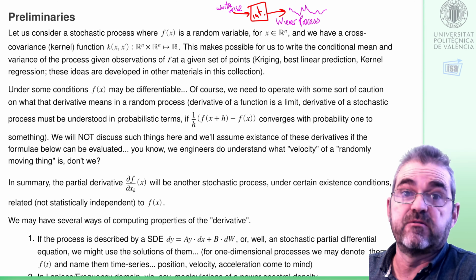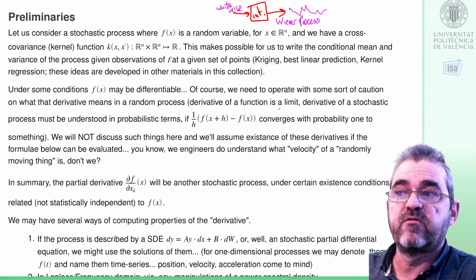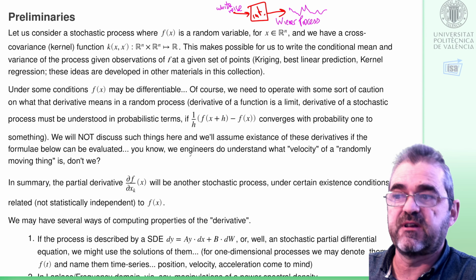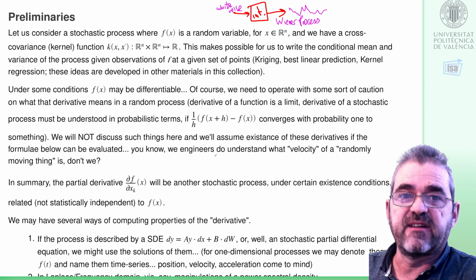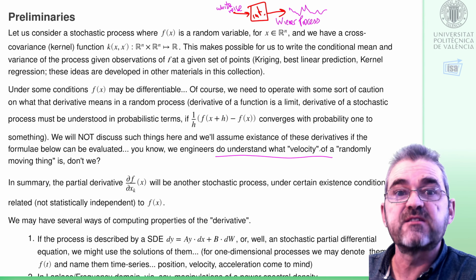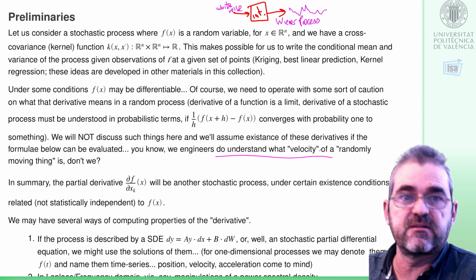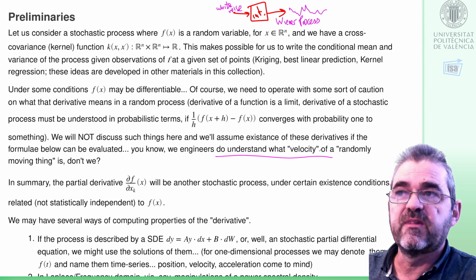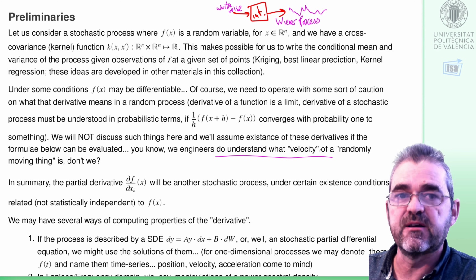But a rigorous analysis would be needed from a mathematical point of view. But here we are considering an engineering audience, so we understand what velocity of a randomly moving thing is. Then that thing is the thing we are going to compute here.